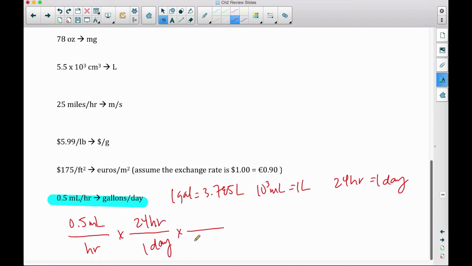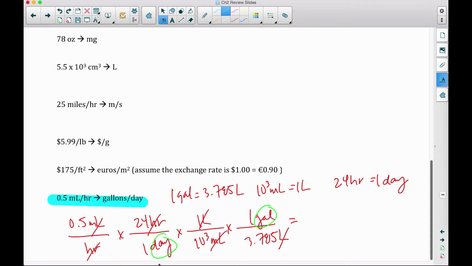And then hours cancel, so that's good. Mils, there are 10 to the 3rd mils for every 1 liter. And there are 3.785 liters for every 1 gallon. Mils cancel, liters cancel. Remaining units are gallon per day.